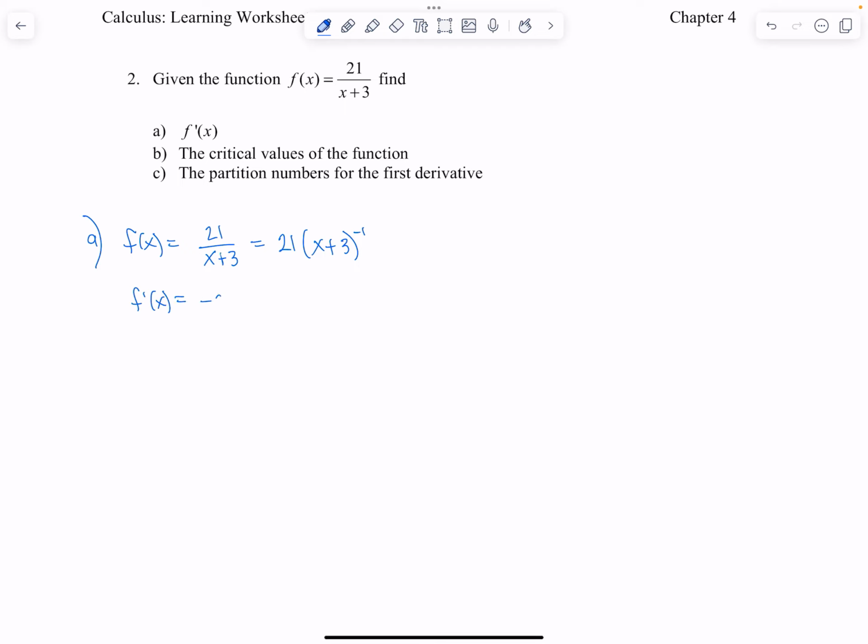So we have negative 21 times x plus 3 to the negative 2, and then the chain rule would be times 1. So this is negative 21 over x plus 3 squared.